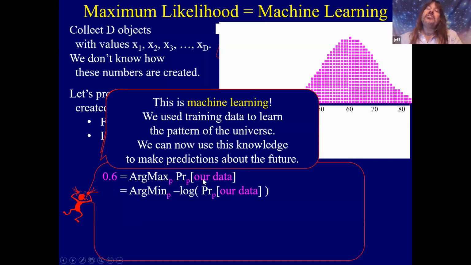I just take the probability, take the log of it, and put a negative in front. That changes this value, but it won't change which p is optimizing it. It does change the task from finding the p that maximizes this to finding the p that minimizes the negative log of the probability.